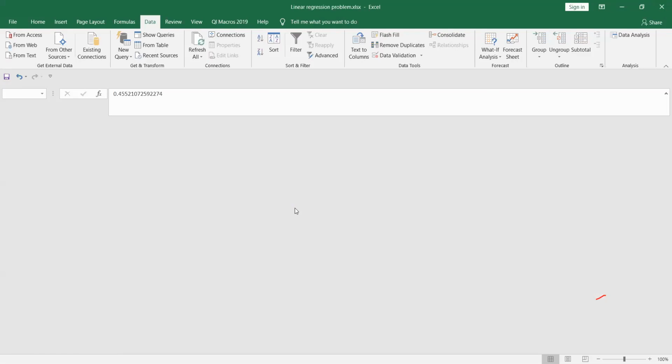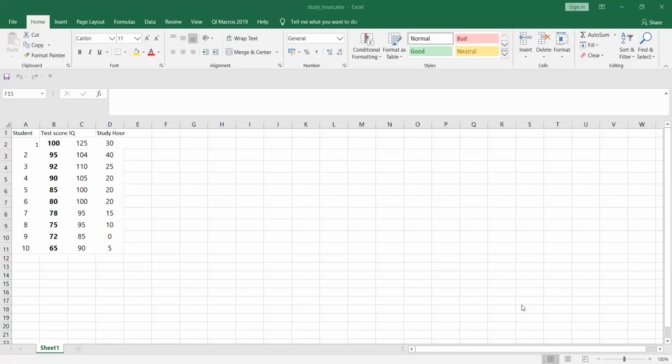Now another simple example, for multivariate. Multivariate means more than one independent variable is used to predict the dependent variable. In this case, again a simple example I have taken.